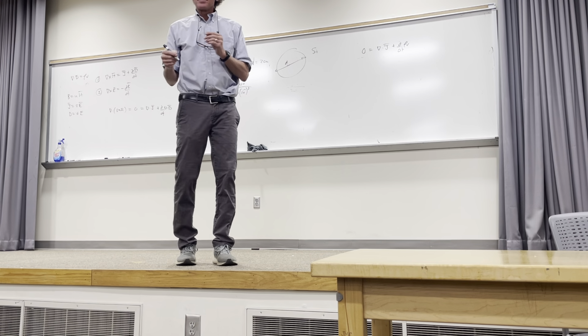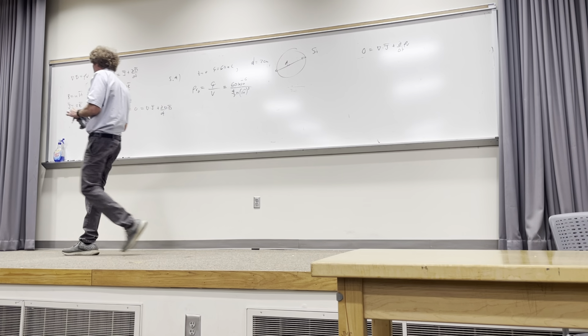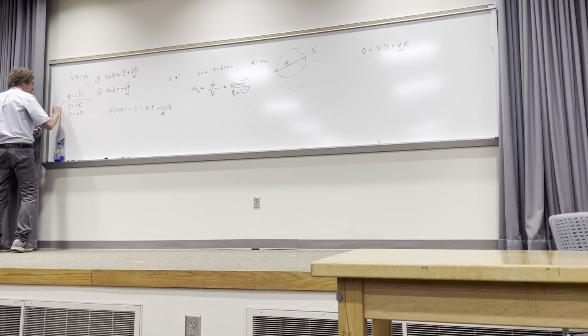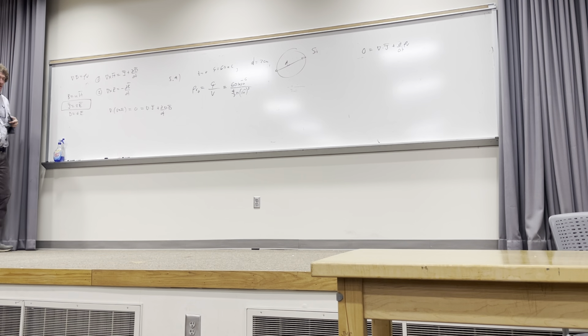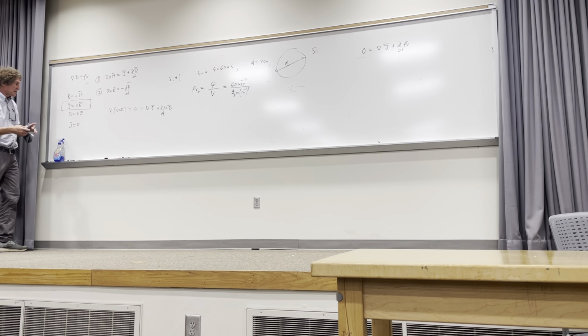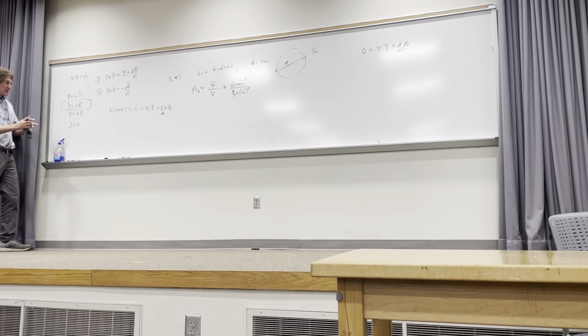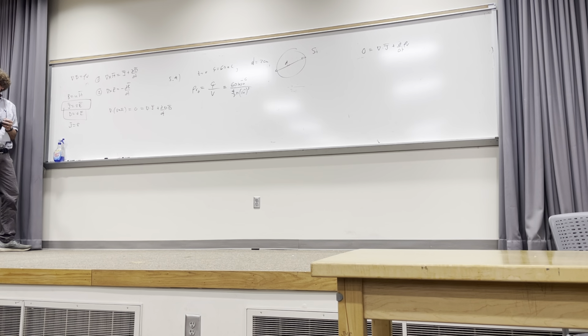What else did I do? Anybody? All right, now I'm not done yet. So J is equal to sigma E, but what's E equal to? D over epsilon, right? Do you all see what I'm up to?